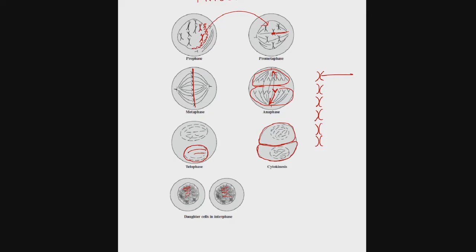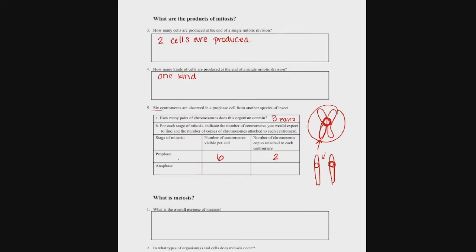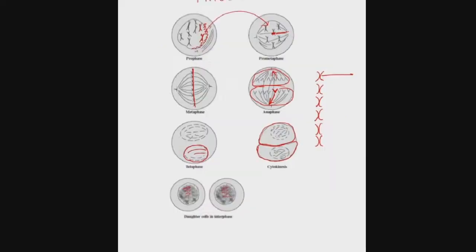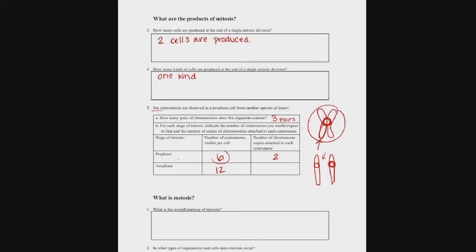If the chromosomes do not have a centromere, division cannot occur because there's nothing for the spindle fibers to attach to, and that DNA will be just degraded and not used in the cell. So for anaphase, we're actually going to see a doubling of those centromeres because we're pulling them apart. If you can see here, it almost looks like we've doubled this to this, and that's why it would go from 6 to 12. However, the number of chromosome copies attached to each centromere now is 1.